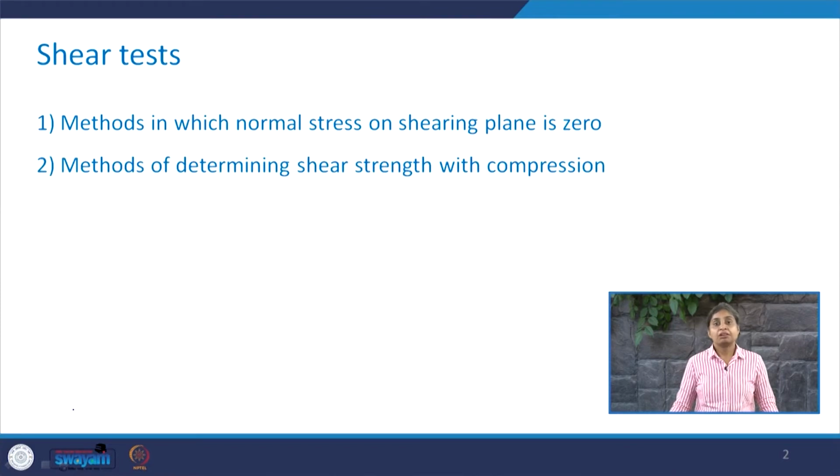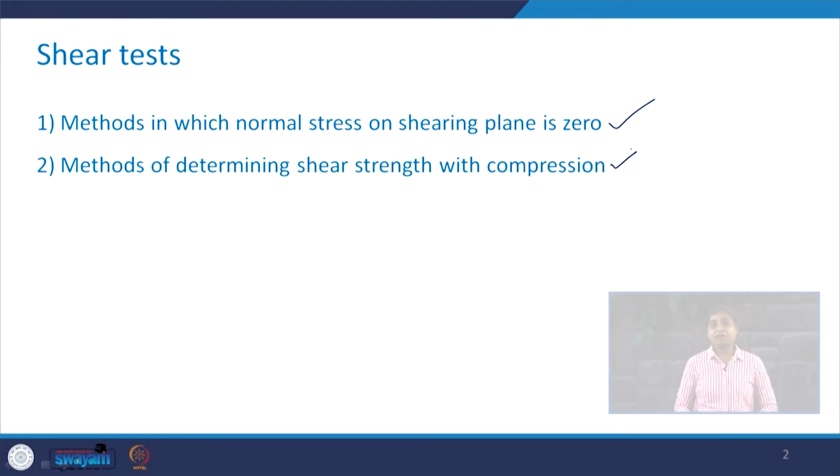In the first category, there are methods which involve zero normal stress on the shearing plane, and the second category has the shear tests where we are conducting the tests with compression, like we do direct shear test in soil. So, let us first start with the first category, in which you do not have any normal stress on the shearing plane. There are different types of tests.